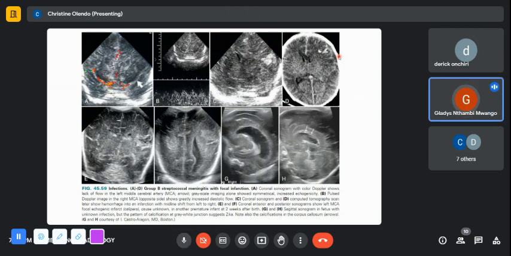So that's subacute. No, empyema. Because it's not going in between the sulci, so it's not a subarachnoid collection, it is a subdural.